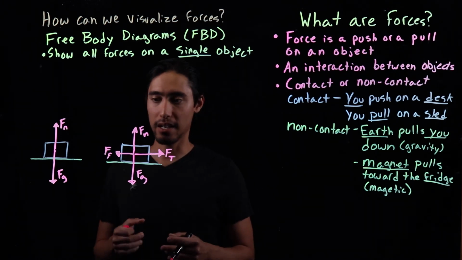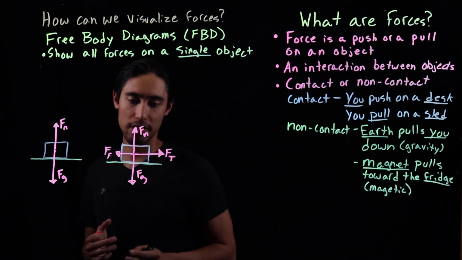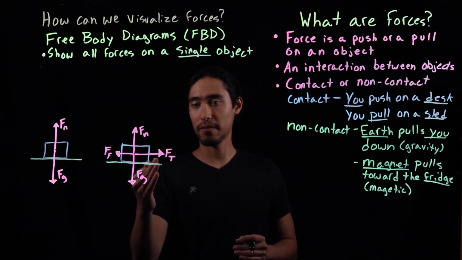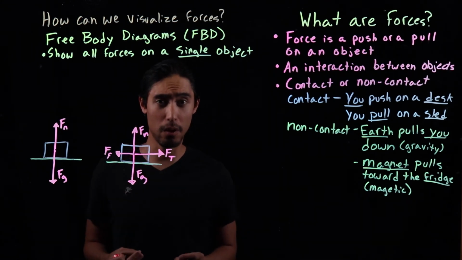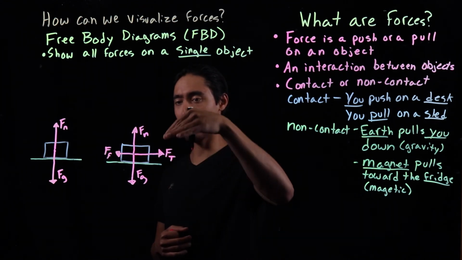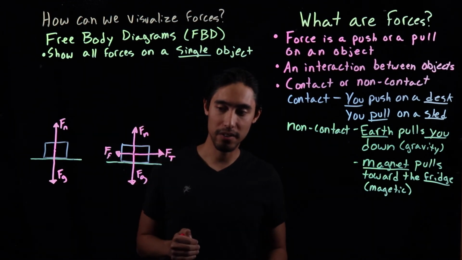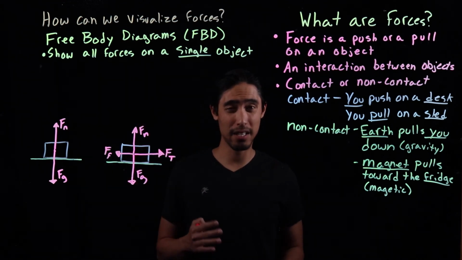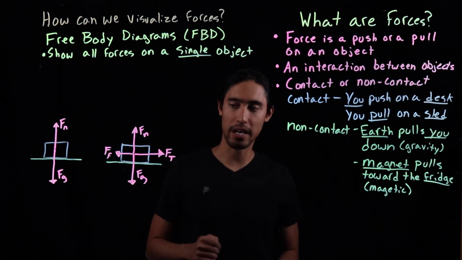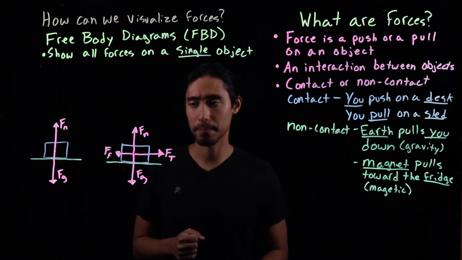So we have the force of friction that opposes motion, and the tension force, which is usually in ropes or strings or chains. We have the force of gravity pulling down, and then the normal force, which doesn't always have to oppose gravity. It could be in other situations as well, which we'll get to later, but it is always perpendicular to the surface.